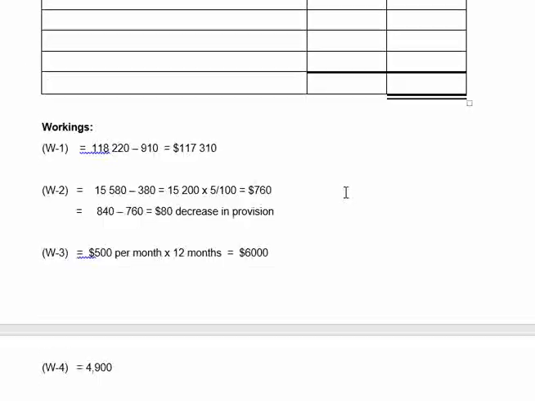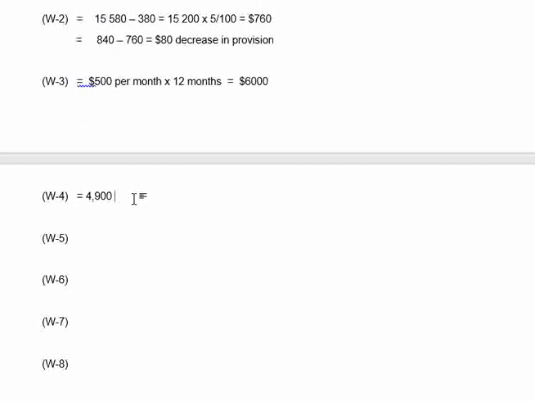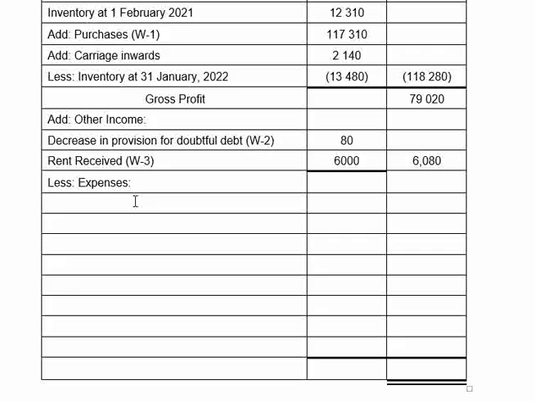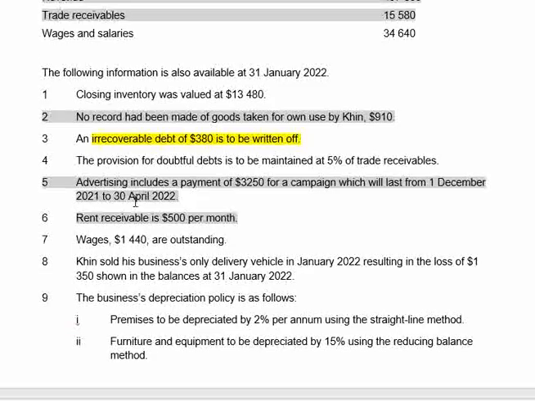4,900 has been paid, but there is a prepaid advertisement expense here. How will you calculate it? The question says advertising expense includes a payment of 3,250 for a campaign which will last from 1 December 2021 to 30 April 2022.